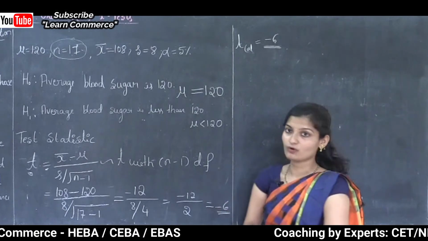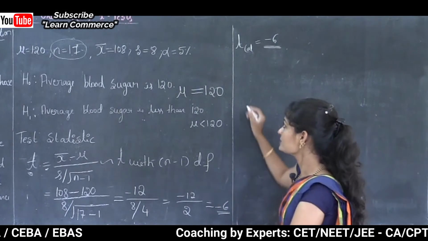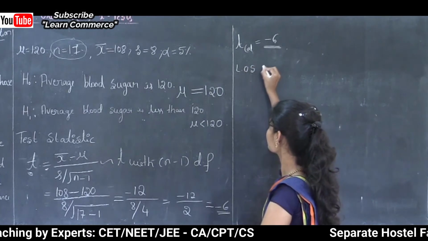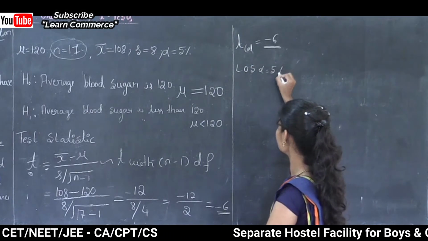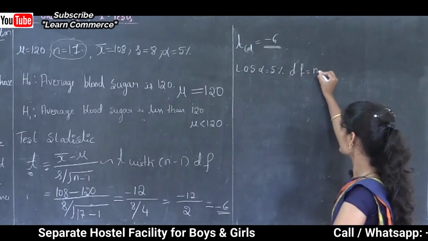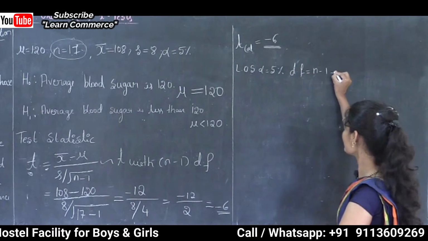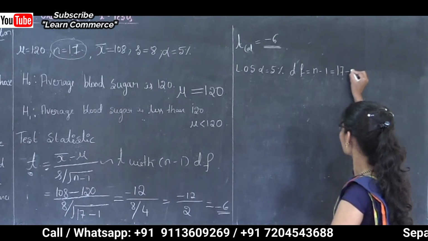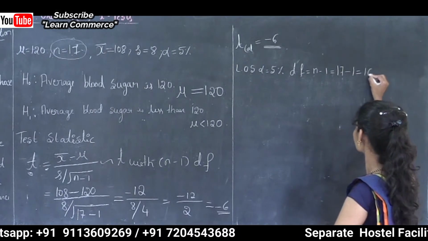Next, step 4. Here the level of significance is alpha equal to 5%, and degrees of freedom is n minus 1, so n is 17, minus 1, that is 16.